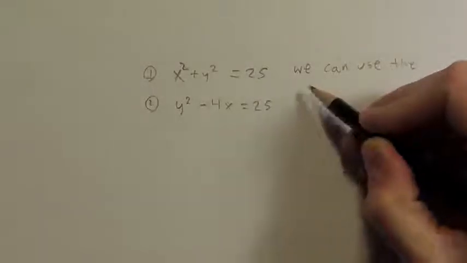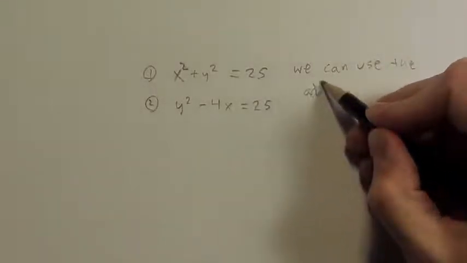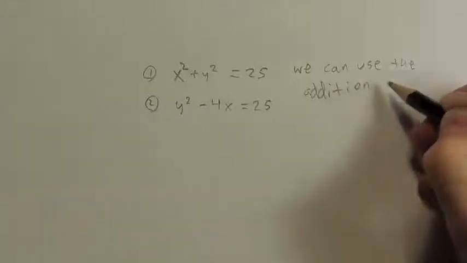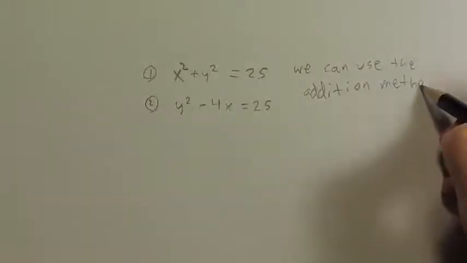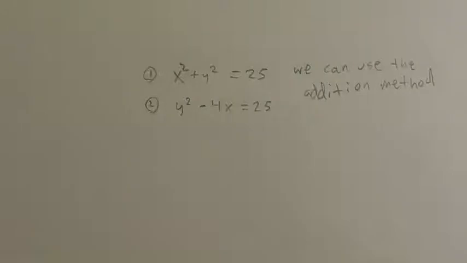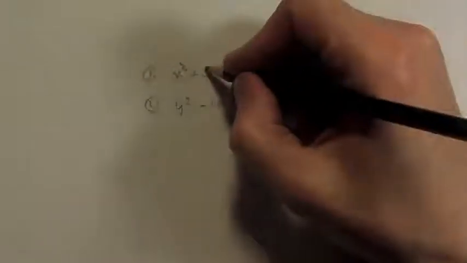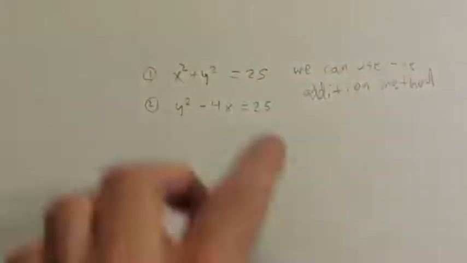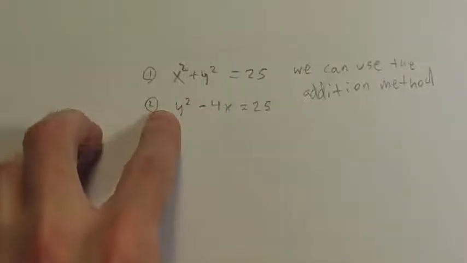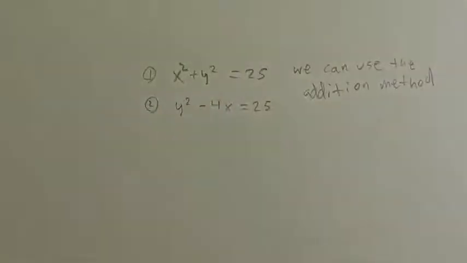I'm certain a lot of you out there don't really like the addition method, but it can be really efficient when used correctly. For example, what I see is I have a y squared and a y squared. So if I negate one of these equations and then I add, the y squared should cancel.